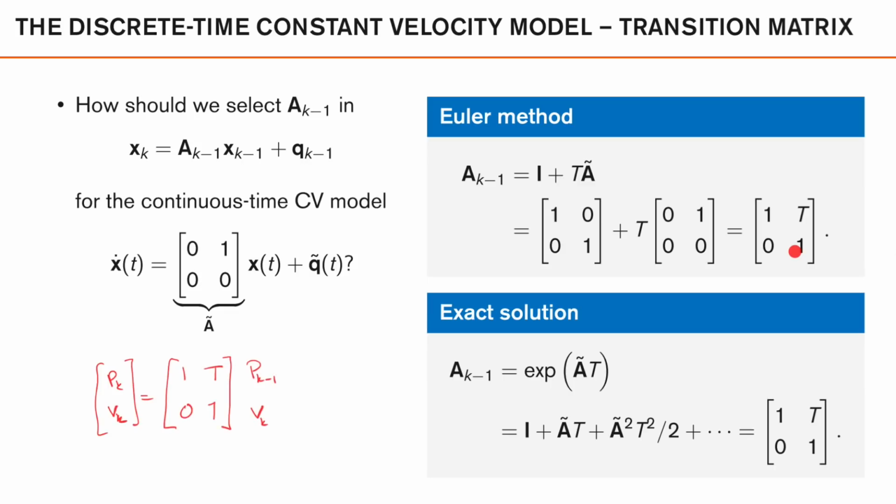So we have the position at the current time is equal to the position at the previous time plus T times the velocity, which makes sense, right? And the velocity at time k is simply the previous velocity. So it's constant. We will in later lectures also discuss how we can describe our discrete time noise process q_{k-1}, but in this lecture we focus on the transition matrix.